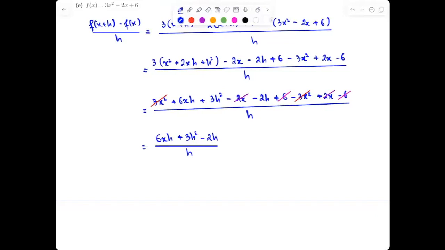Then on the numerator, h is the common factor. Therefore, you get h times 6x plus 3h minus 2 divided by h. And you cancel out the h, and you're left with just 6x plus 3h minus 2.